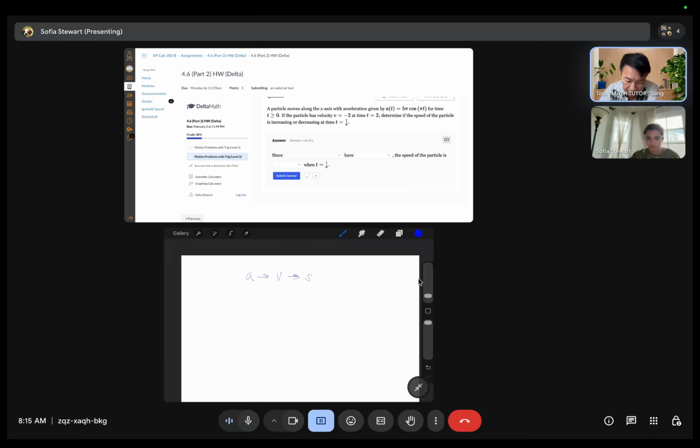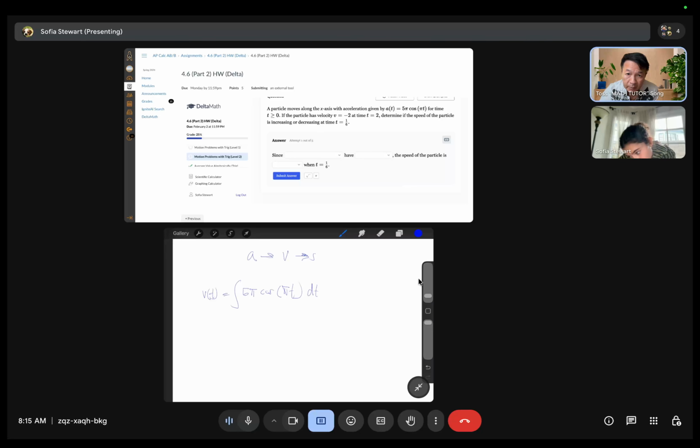So here we go. Right now it's acceleration. I'll notate that, A of t. You're going to do velocity, V of t, equals the integral of the acceleration, which is going to be 5 pi, dt here.